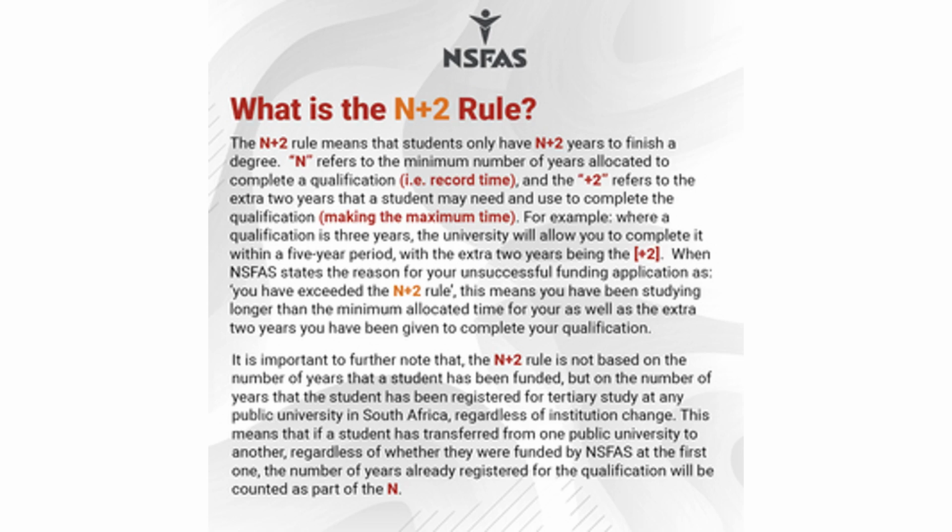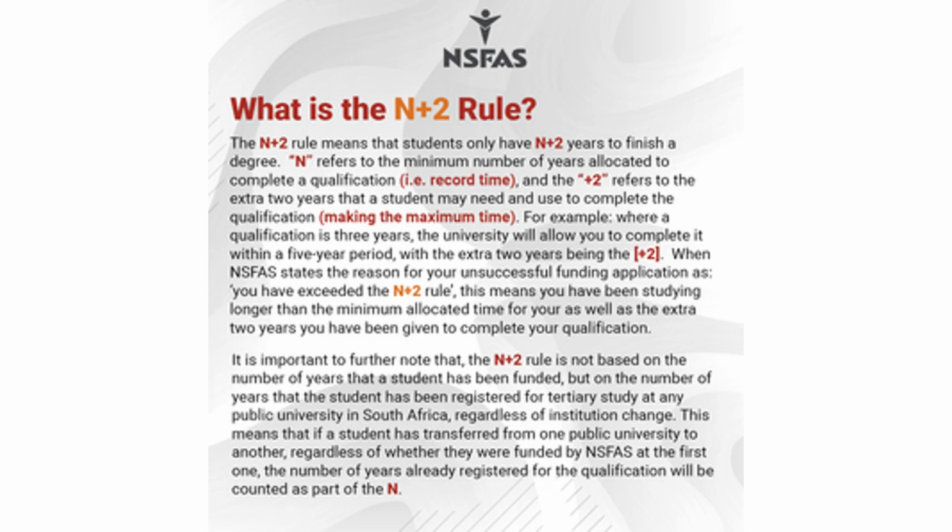The same applies for N+1 rule. Let's say, for example, you were registered at a certain institution for a 4-year course, and in your 2nd year, you decide that you're going to change institution or your degree. Remember, if you fall under N+1 rule, it means that you were supposed to complete your course in 5 years.